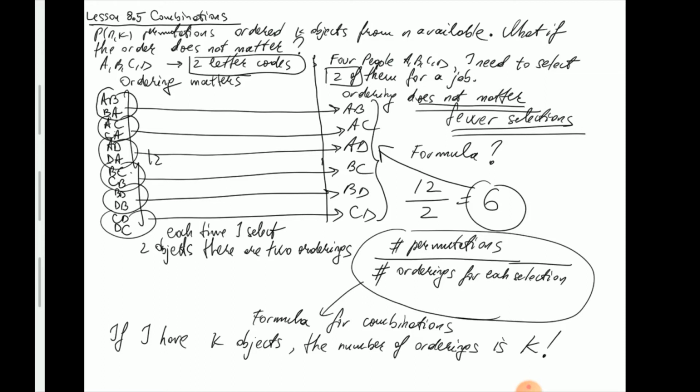The same question can be reformulated: if I have k objects, what's the number of orderings? It's k factorial. Again, that's an application of the multiplication principle. For the first position you have k, the second one less, and so on all the way down to the last position. The fact that 2 objects have 2 orderings is because 2 factorial is exactly 1 times 2. That's why you have 2 possible ways to order 2 objects.